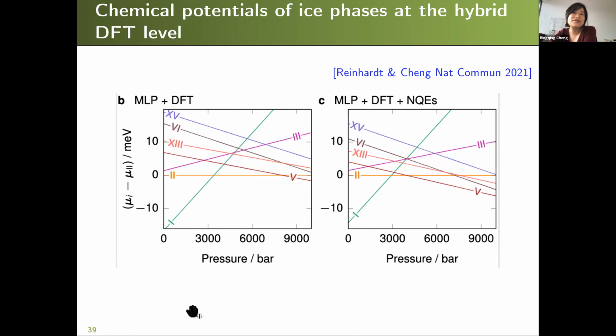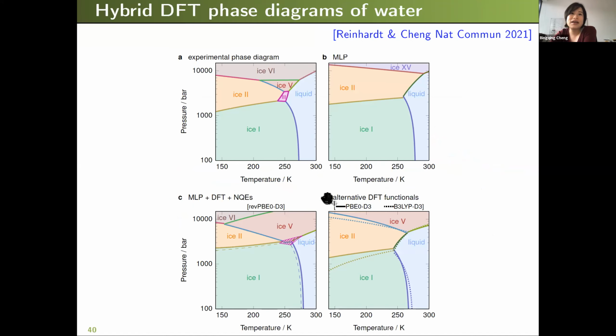And then we take these phases of ice out, and we do our usual thing. We correct it to the DFT level, and then we add nuclear quantum effects. So in the end, we are able to arrive at the first ab initio phase diagram of water.